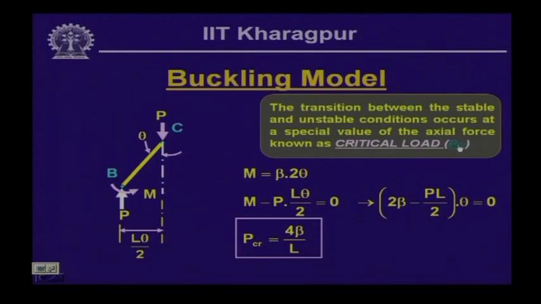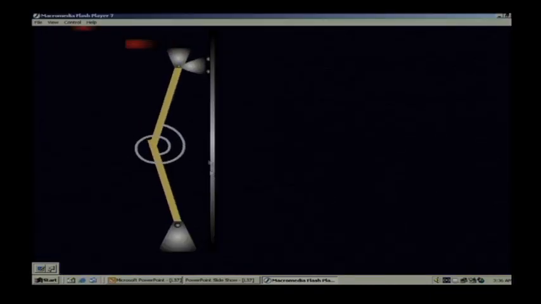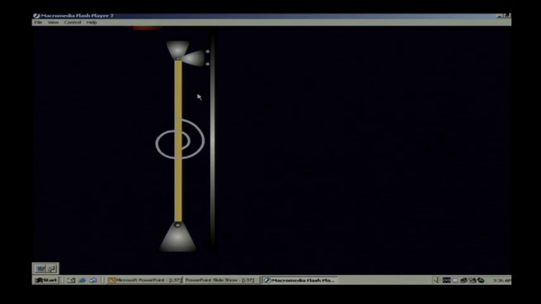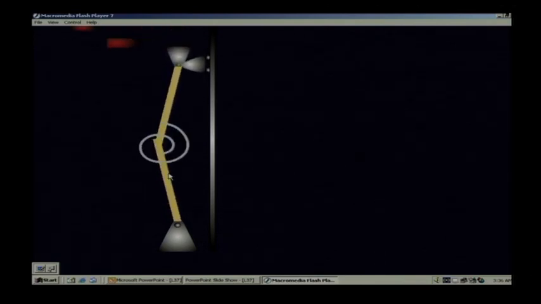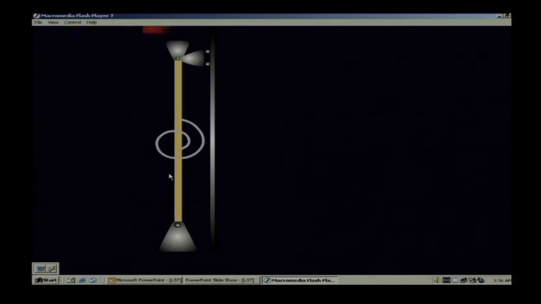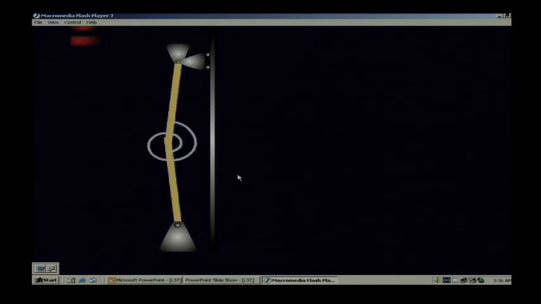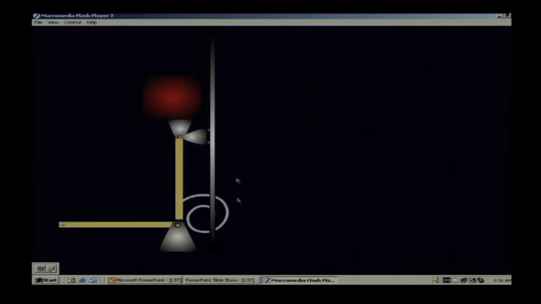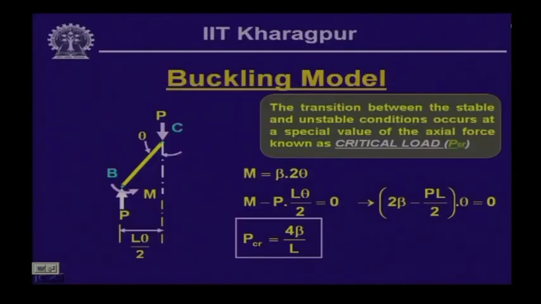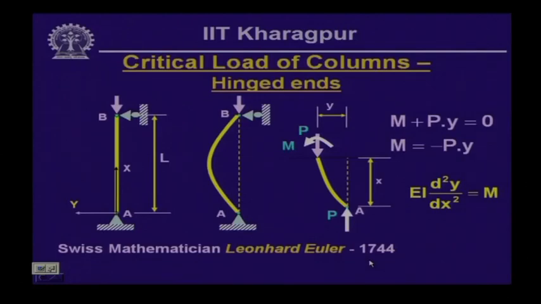Now, we can look into this form where you see that once we remove this, it comes back to its original position, because the restoring moment is more than the axial force, and that is why the restoring moment is putting it back in its original position. But if the load becomes larger, it collapses. That means, if the axial force becomes higher, then the member collapses.